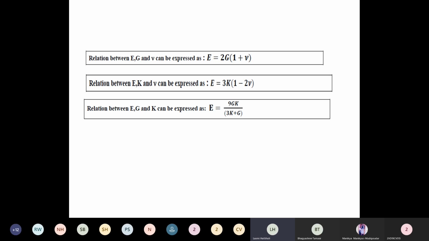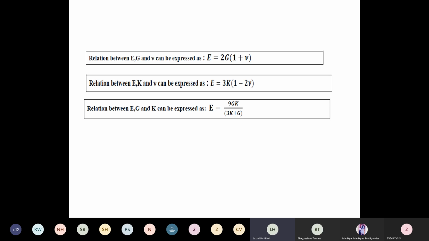Your first step is to use the first equation, E is equal to 2G into (1 plus mu), and calculate E, that is Young's modulus. That Young's modulus you can carry forward for all your problems. Similarly, instead of giving you E, I may give you K and mu. Will you be able to calculate Young's modulus? Yes, you can, because you have the relationship between E, K and mu.